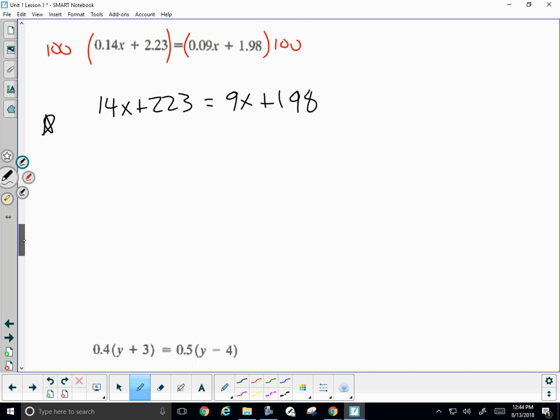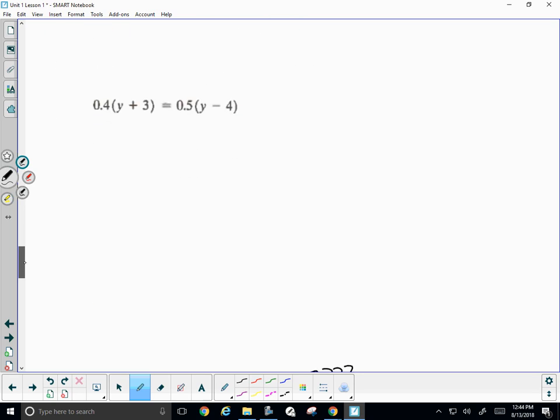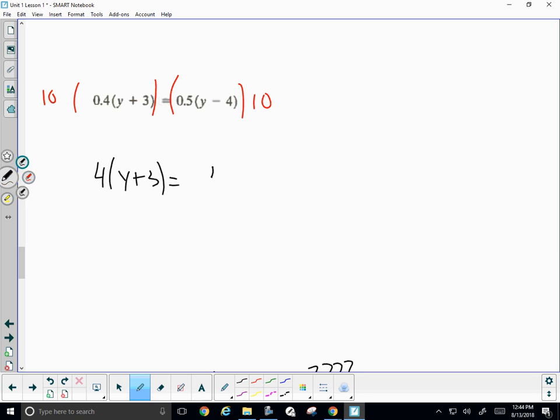I'll save the work for this to the end of class. This guy, if you'd like to, you could distribute right away, but again, maybe it's better to multiply by 10 right away to give you 4y plus 3 is equal to 5y minus 4, and then distribute and solve.